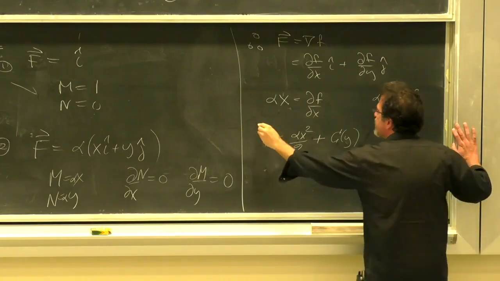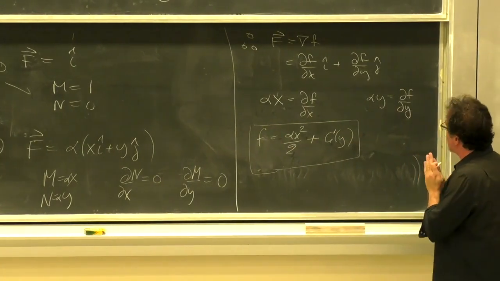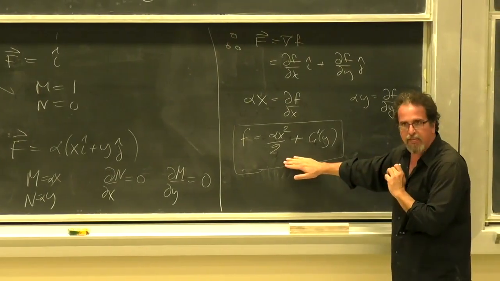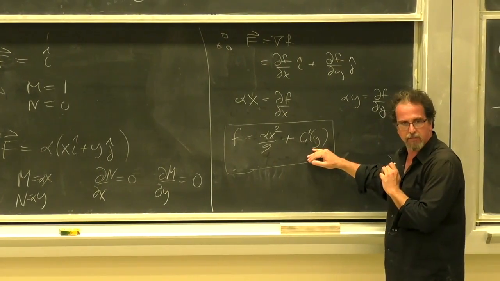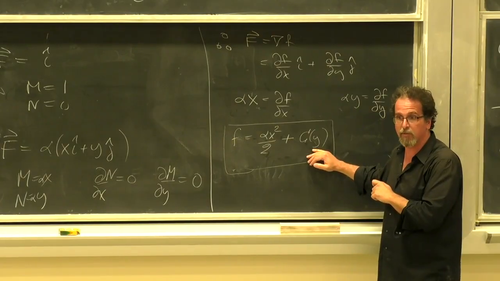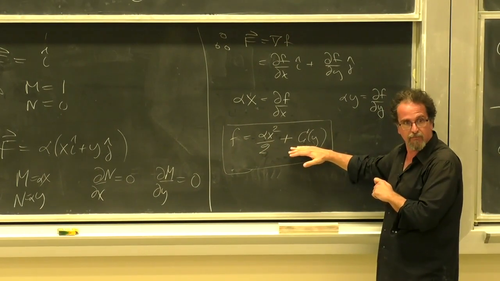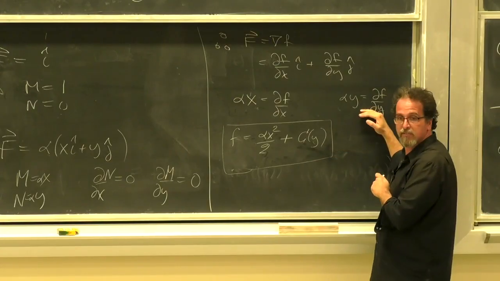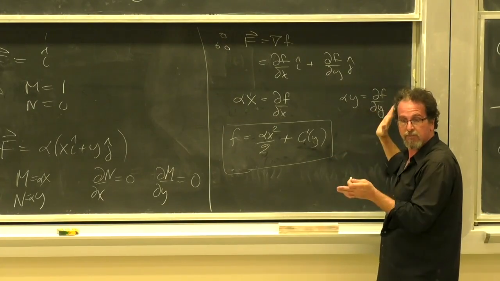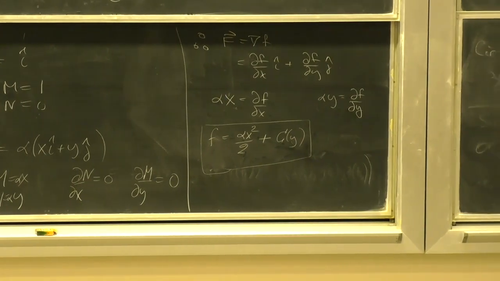Okay, so this is f that I got from this equation. And then I say, wait, I don't know f completely. I've got some arbitrariness to f. I would like to resolve that arbitrariness, thank you very much. So what I do is I substitute this f into this equation. Let's see what we get.